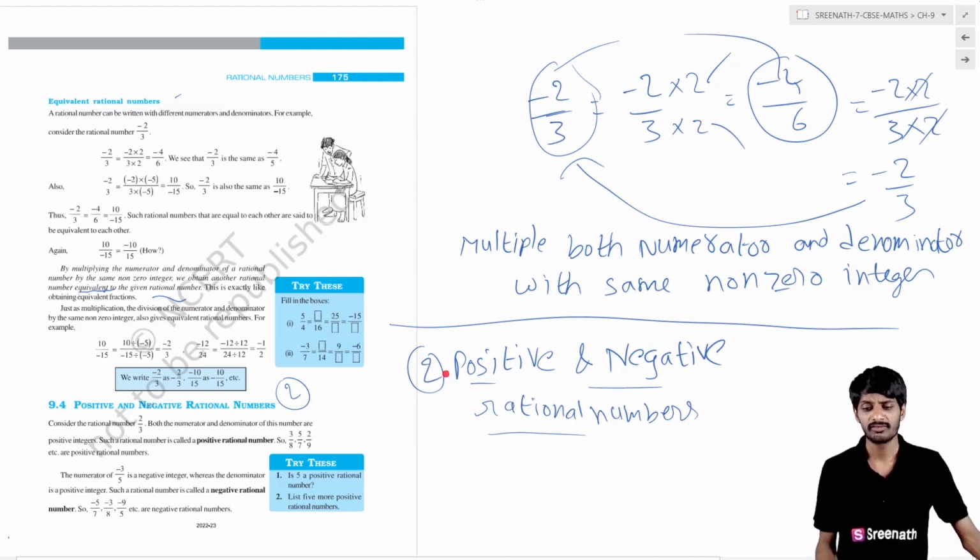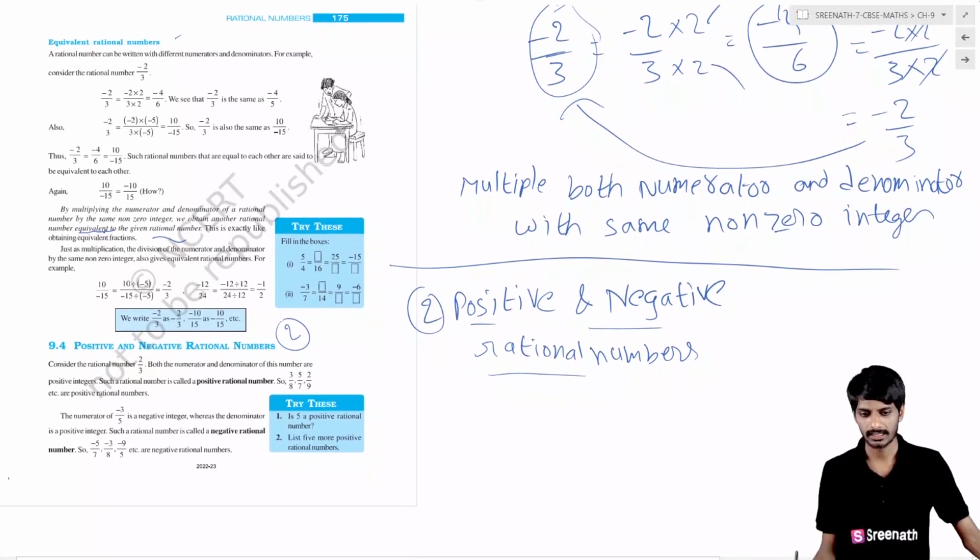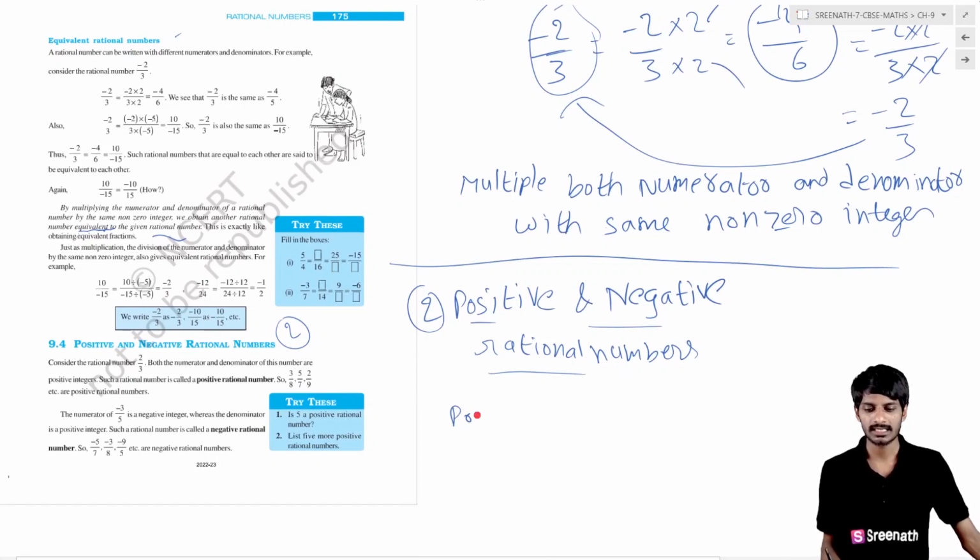Okay, so basically we have positive integers, for simplicity I am writing it as plus, and negative integers. In the same way we have positive rational numbers and negative rational numbers. So what are positive rational numbers?